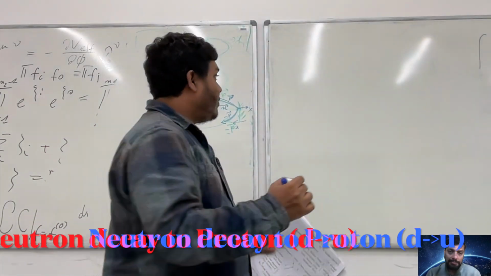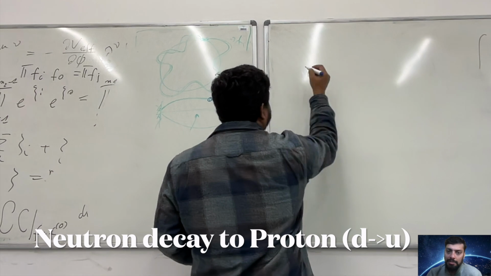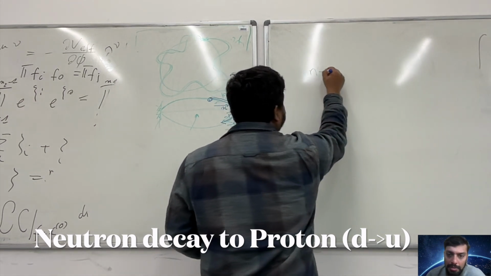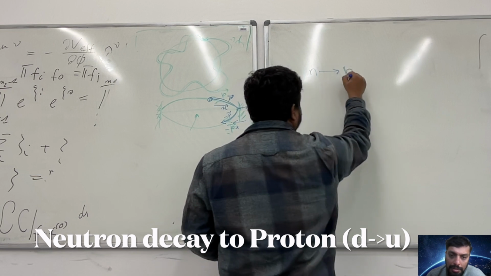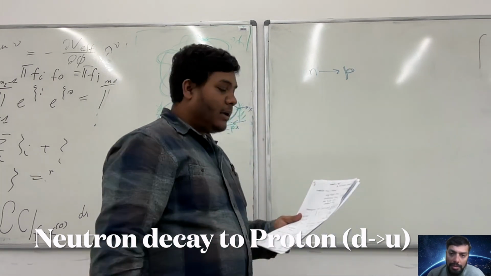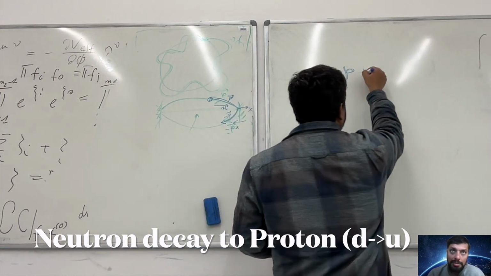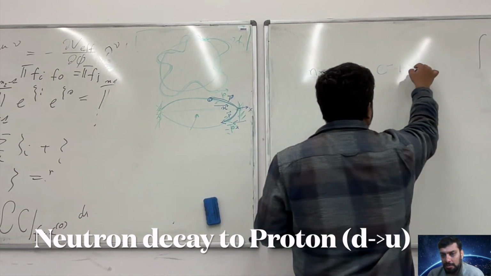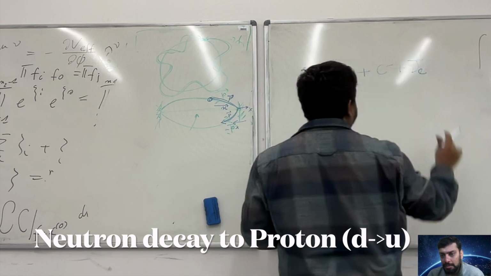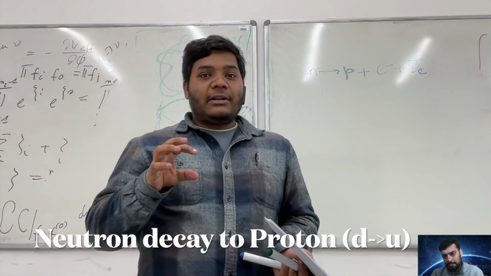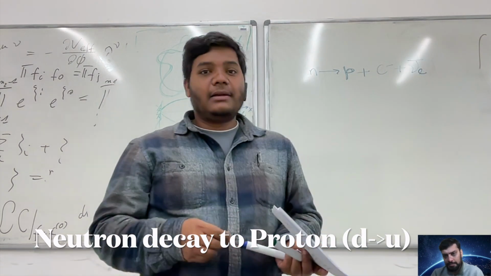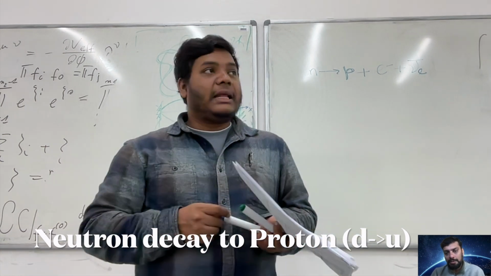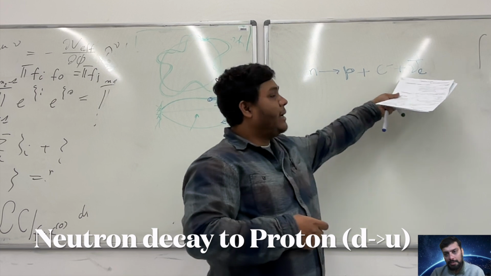So, if I consider one neutron converting to a proton, there will be one electron and an electron antineutrino. When they are highly energetic, the neutron goes to a proton and generates an electron and an electron antineutrino.